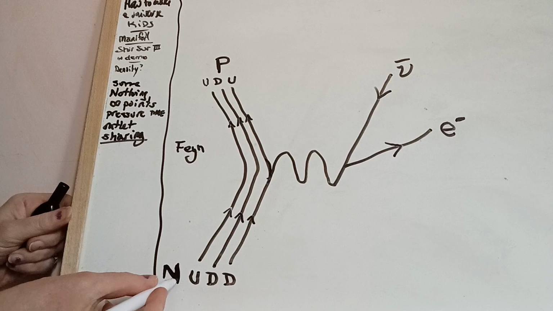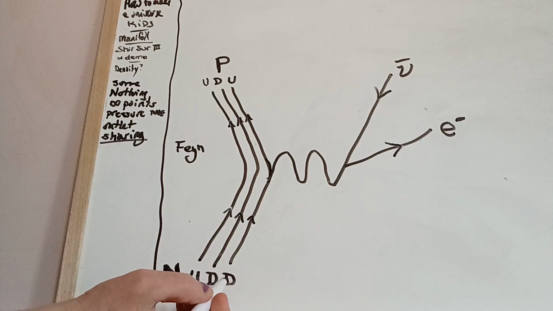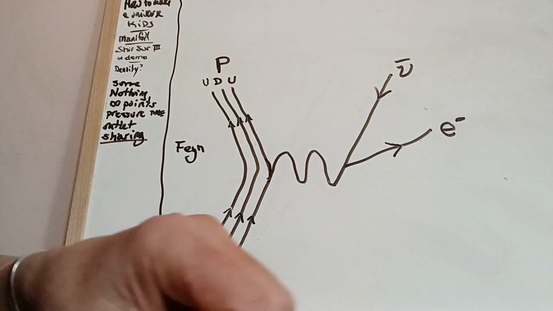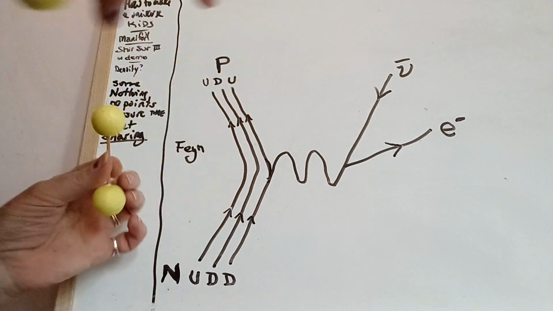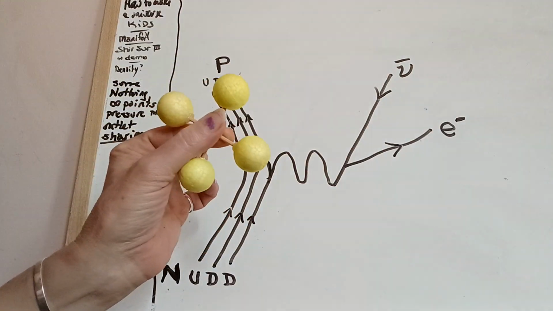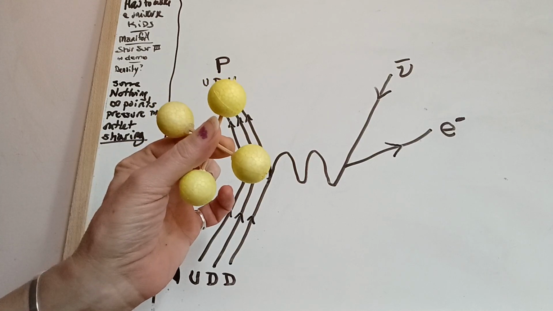Right, here's a neutron. It's an up and a down and a down. Right? And up. And up. Two positive charges. A down.